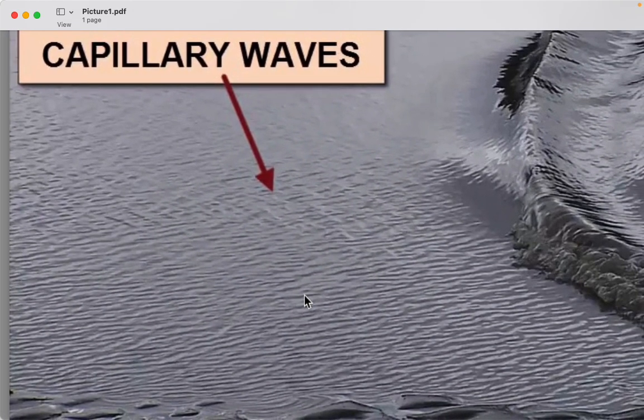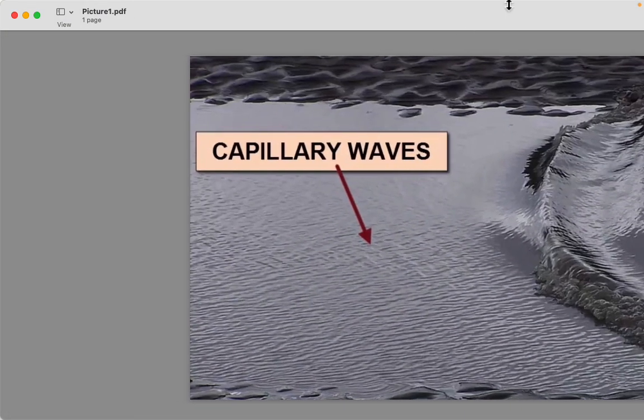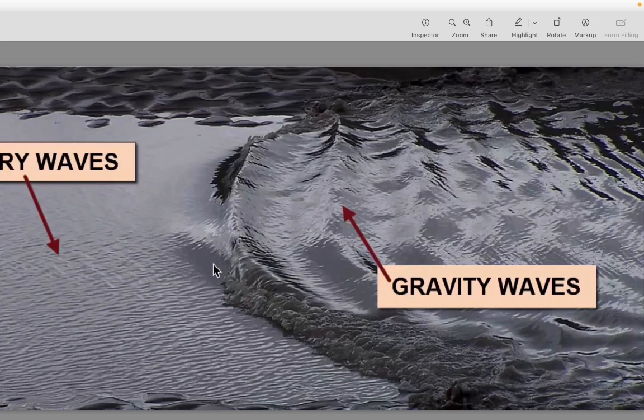In contrast, the large waves here are much bigger, and it's gravity that's trying to restore those mainly. Both forces are active, but gravity is the dominant one. You can also see the superposition of capillary waves on top of these larger gravity waves, and part of a wave has broken here.